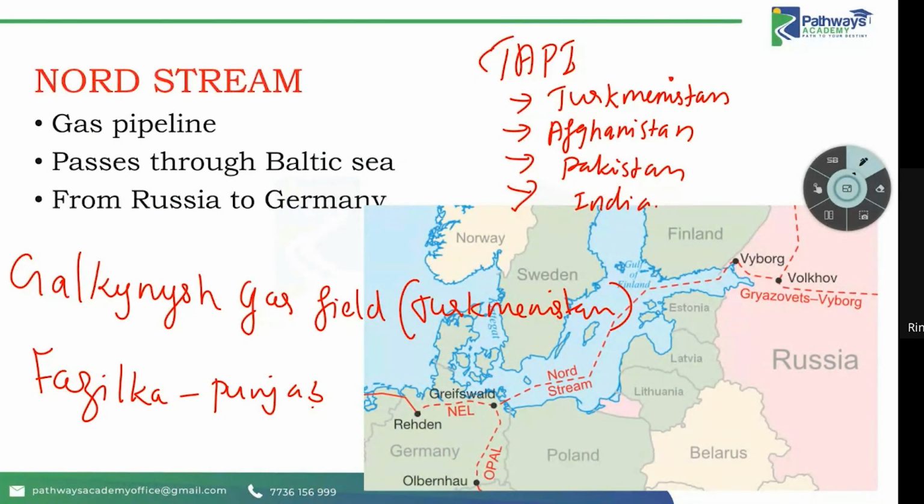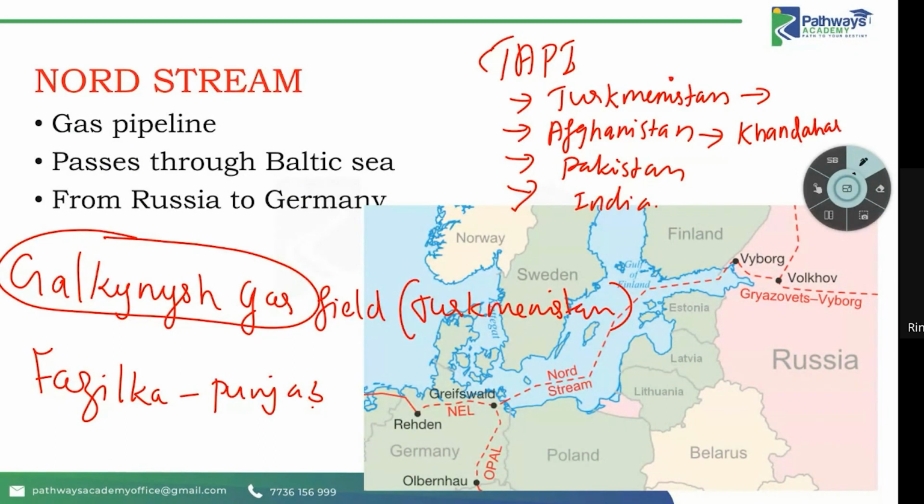The cities through which this pipeline is passing in Turkmenistan, it only comes from Galkynysh gas field. But in Afghanistan, it passes through Kandahar and Herat. Kandahar and Herat. Then Nimruz.